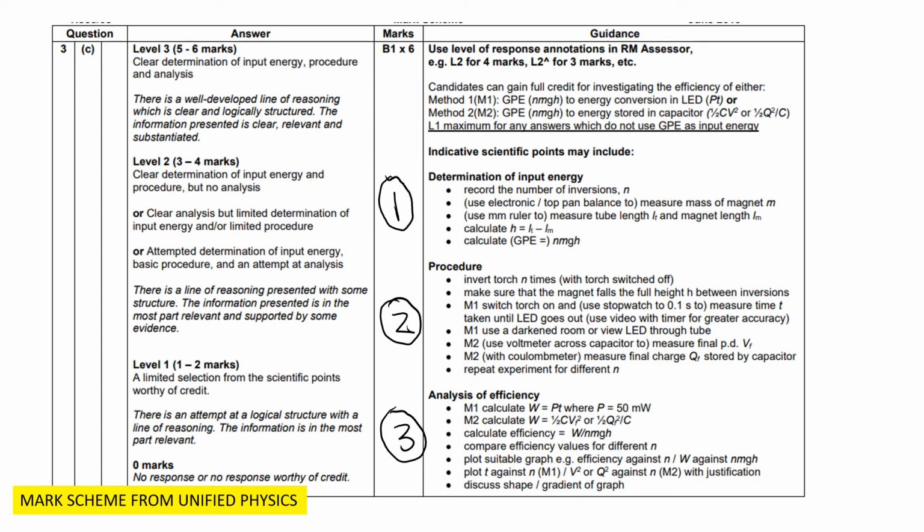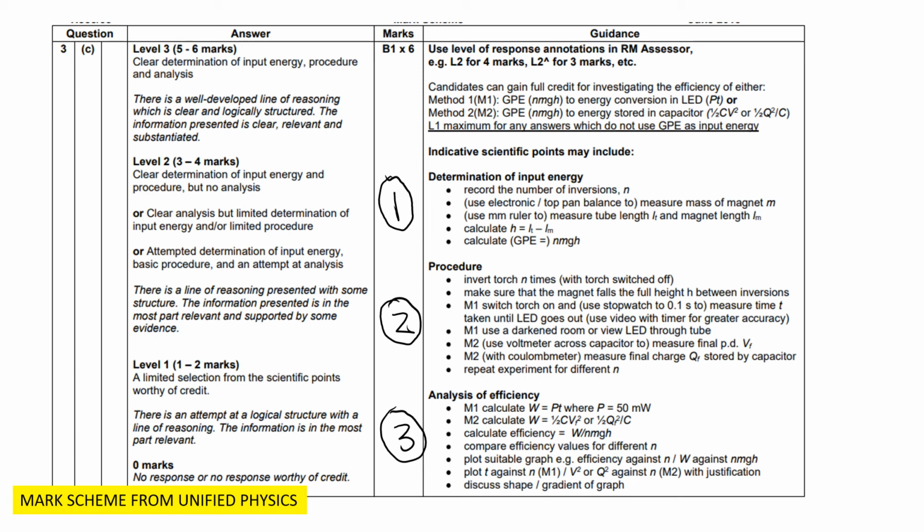And then you do the analysis. So the analysis would be calculate work done, which is power times time, because in the question I'm guessing they give you the power as 50 milliwatts. Calculate work done equals half CV squared, and then you calculate the efficiency, compare efficiency values, plot a suitable graph. So ideally you want a straight line, so you should rearrange the equation.